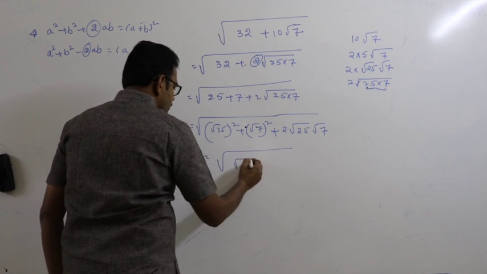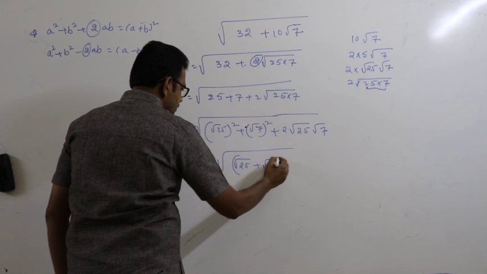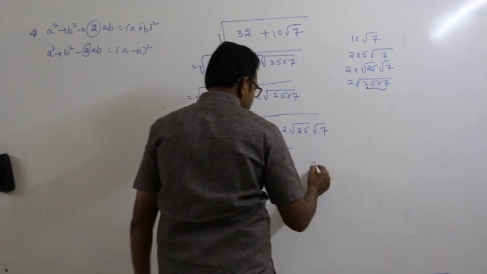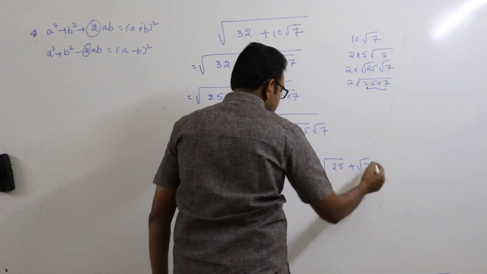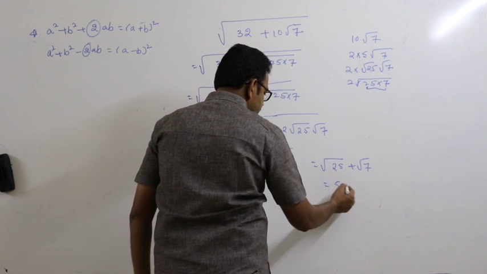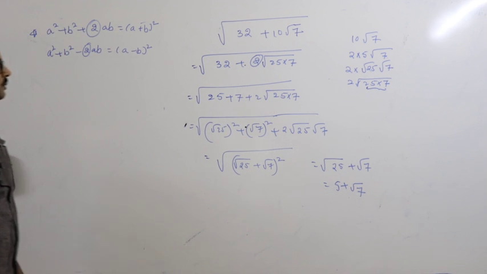Root of root 25 plus root 7 whole square is equal to root 25 plus root 7, that is 5 plus root 7.